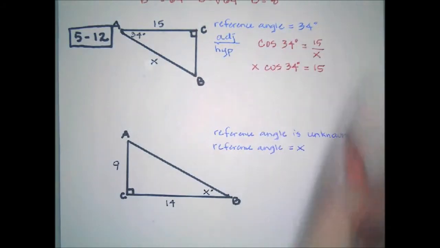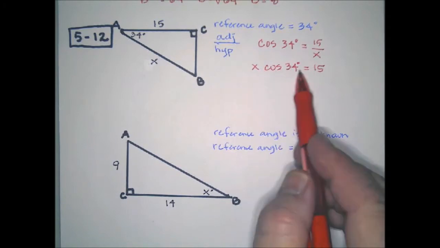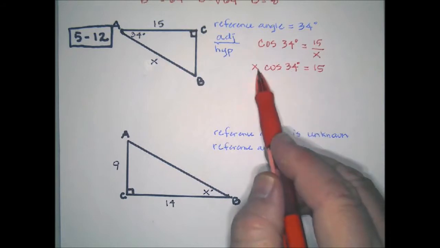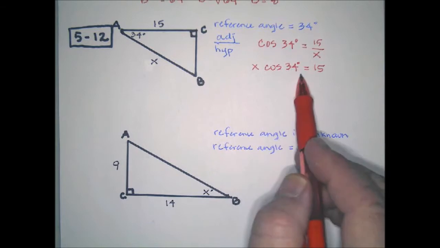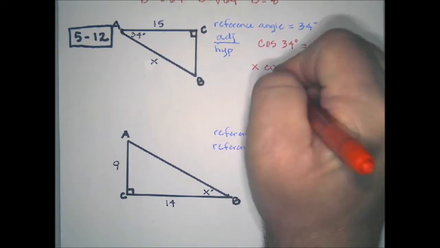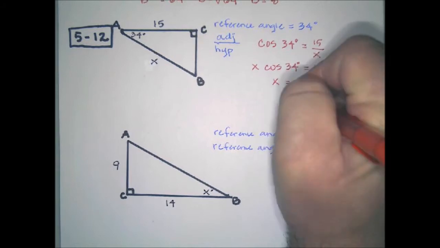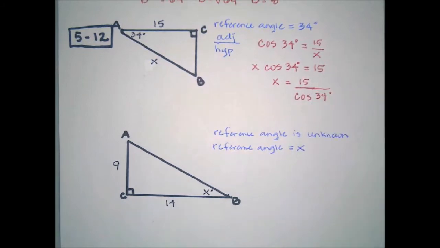I'm just treating that x as if it's a leading coefficient of cosine 34. Now, if I want to solve for x exactly, that simply means I divide both sides by cosine 34. So x equals 15 over the cosine of 34 degrees. Now that's my exact answer. I have now solved for x.